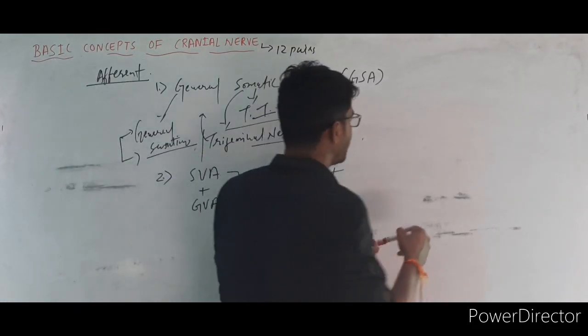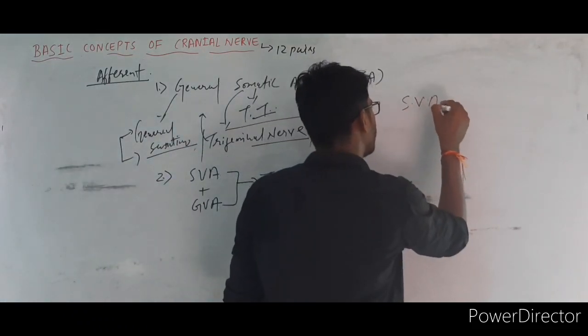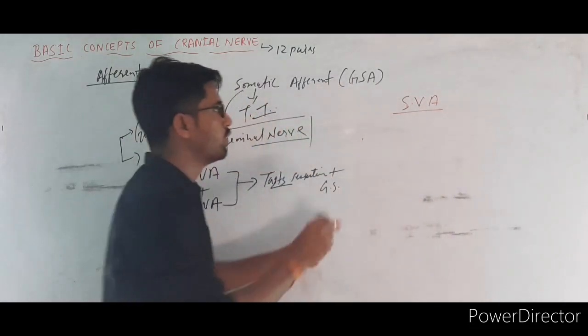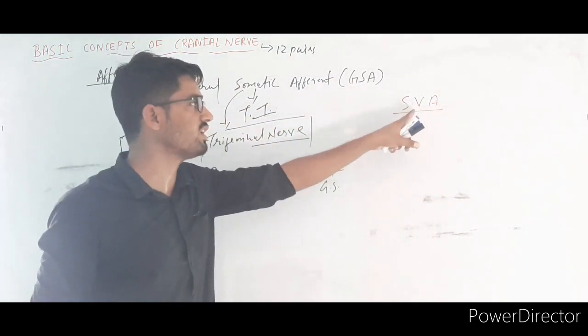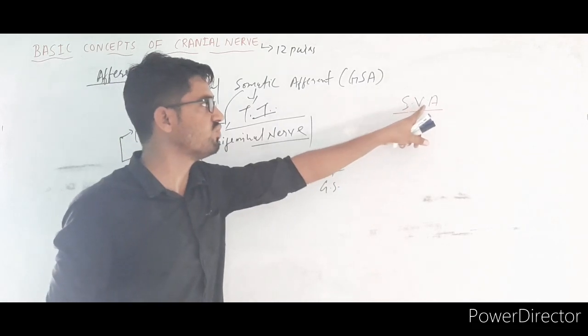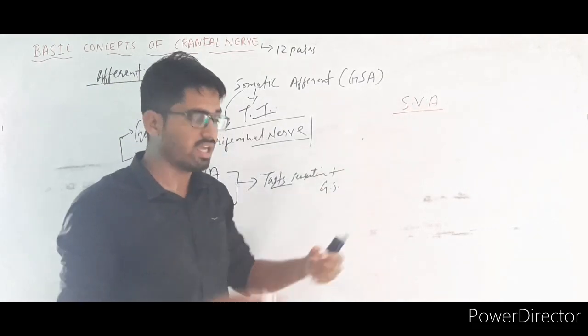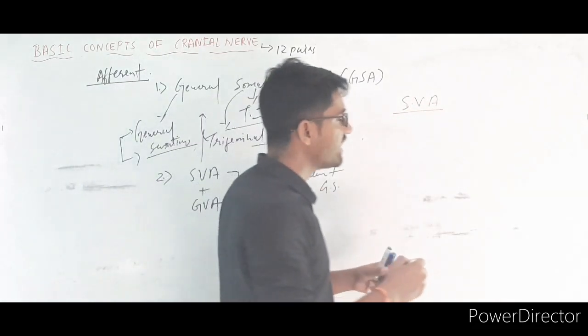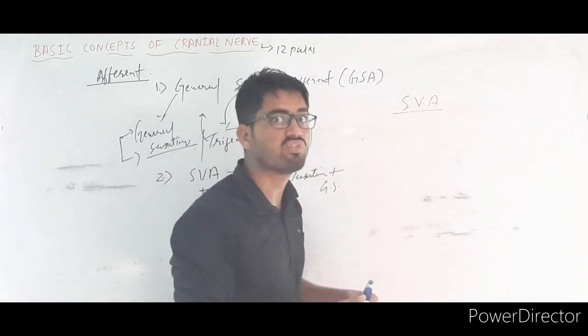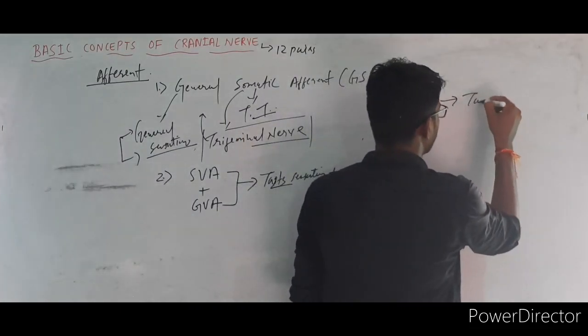I want to write it here: SVA, special visceral afferent. They carry taste sensation from where? The tongue only.